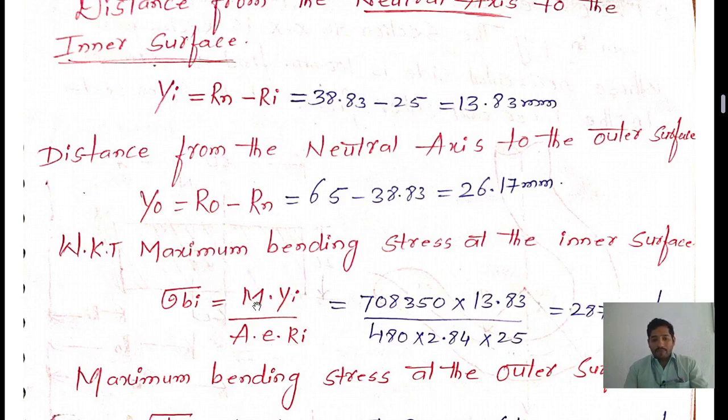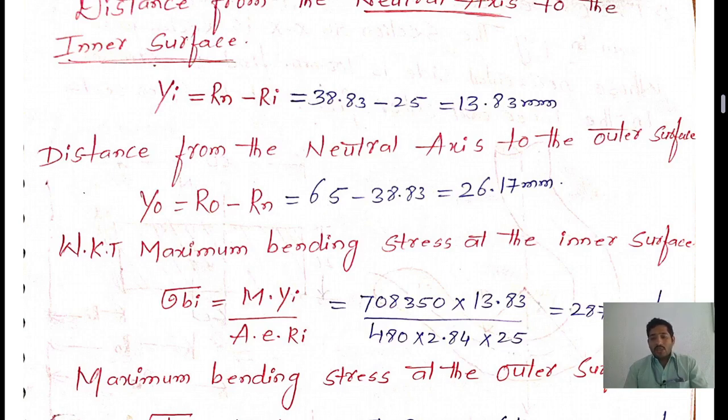The bending moment is 708350, the neutral axis to the inner surface is 13.83, the area of cross section is 480, the eccentricity is 2.84, and the inner radius is 25. If you divide the whole value, you will get the answer 287.4.